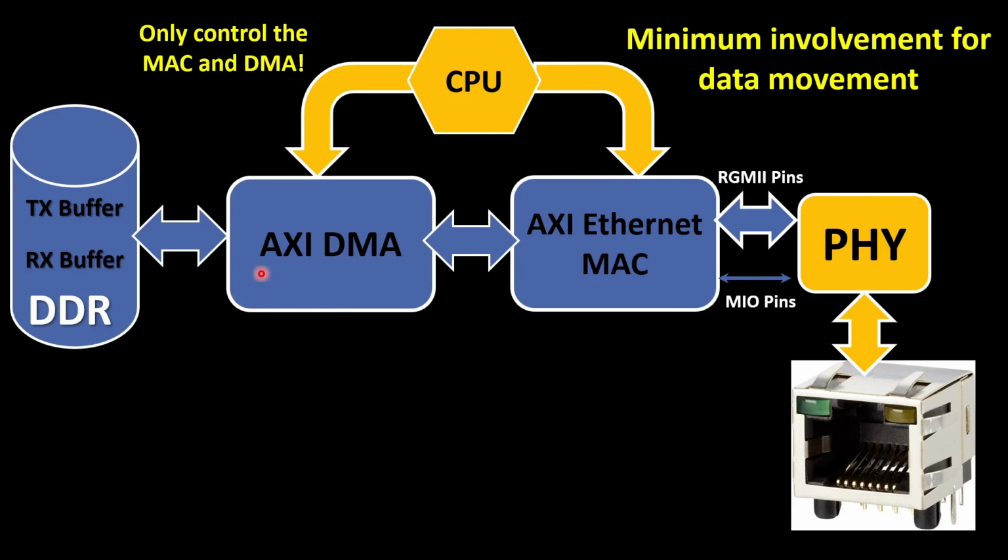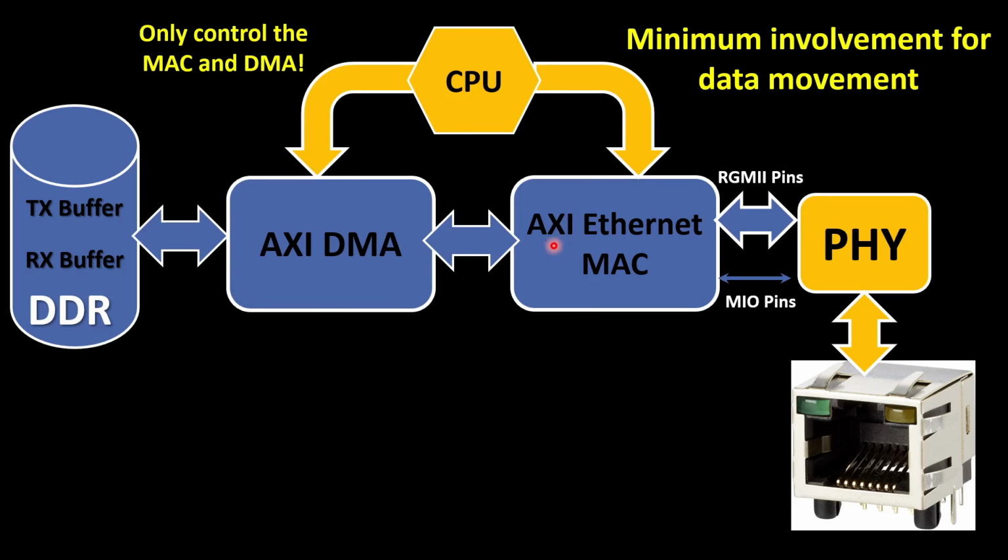So in this case, we use the AXI DMA. AXI DMA eases the job for the CPU. It minimizes the involvement for the data movement, and the CPU can do the most important jobs like data processing or controlling. So the AXI DMA will be the interface that grabs the data from the DDR memory and sends them to the AXI Ethernet.